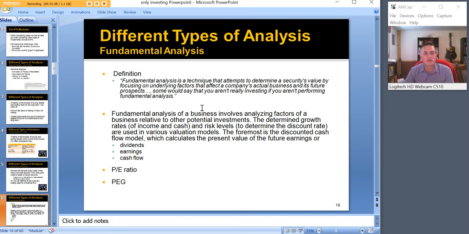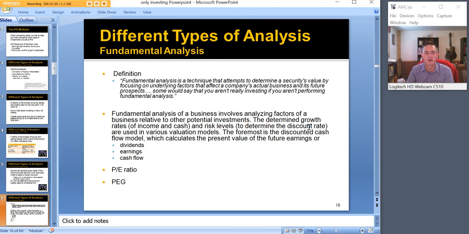Now, fundamental analysis of a business involves analyzing factors related to potential investments: the determined growth rates of income and cash flows, which we'll call earnings, and applying risk levels to determine what's called the discount rate. Remember earlier on your midterm, we talked about present value, and present value used the discount rate.